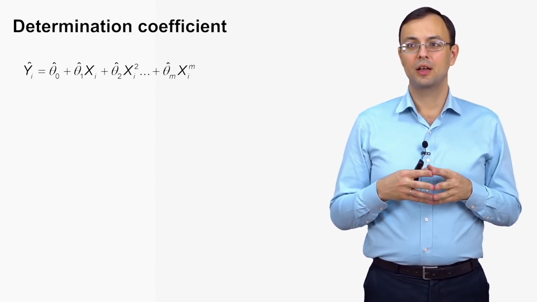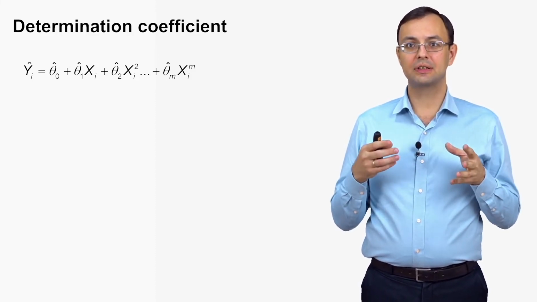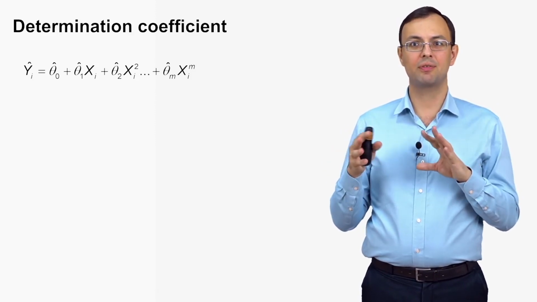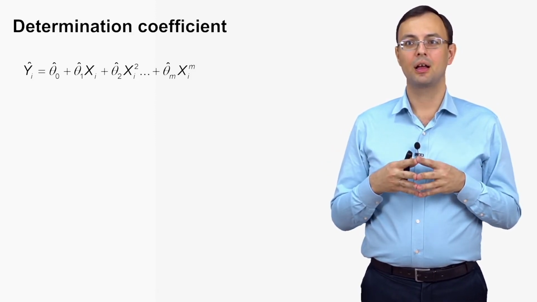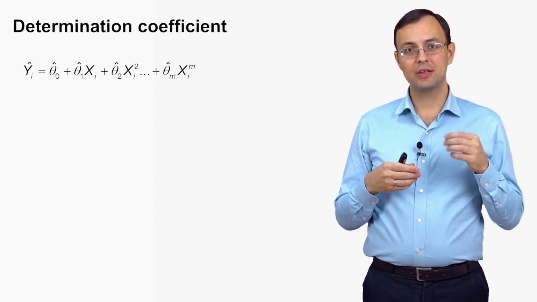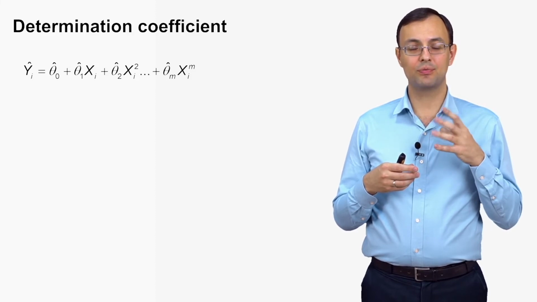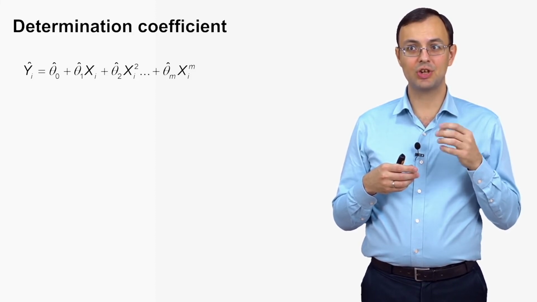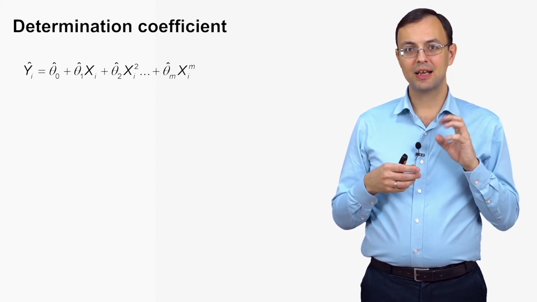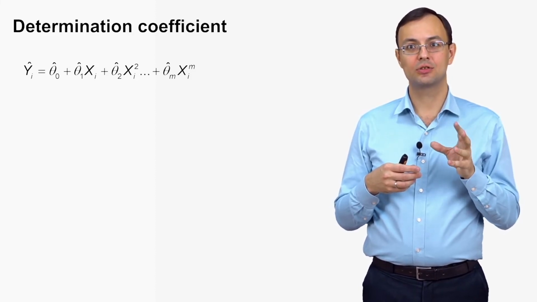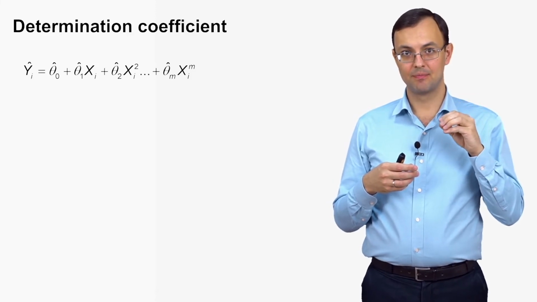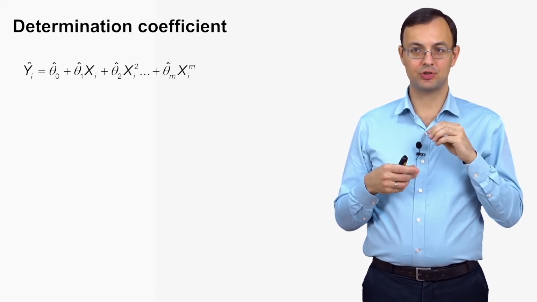So after all thetas are estimated, let us say that we have a paired regression with a polynomial of this kind. So you can find predicted values of y's. So for each xi, you can substitute xi into the model and calculate yi hat. So yi hat is what your model predicts for the ith observation.